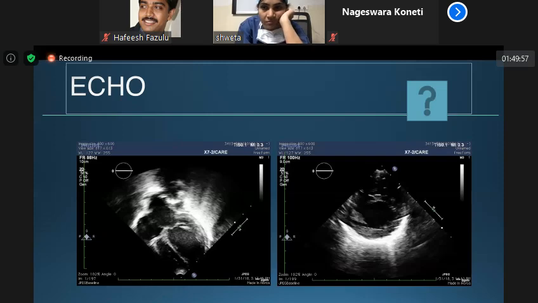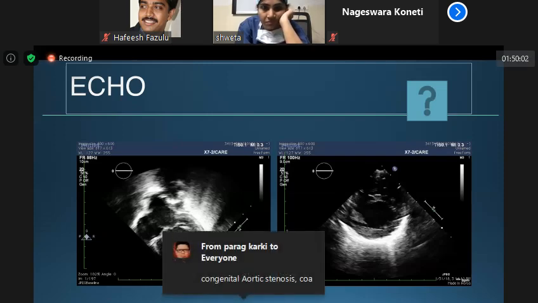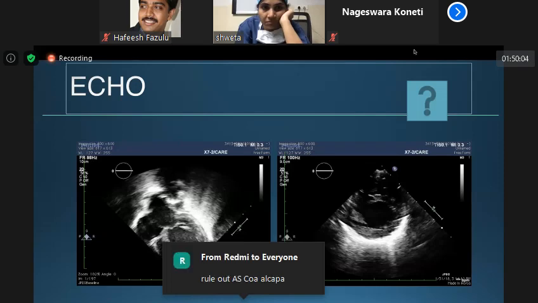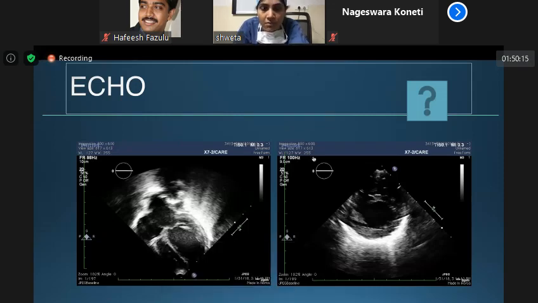So in infantile ventricular dysfunction, the treatable causes could be like, during the ECG we should look for any tachycardiomyopathies, and during the echo evaluation, ma'am, we should look at the coronary evaluation and also the arch evaluation. Yeah, so I'm reading the chat box and rightly people have said that congenital aortic stenosis, coarctation and ALCAPA should be ruled out.